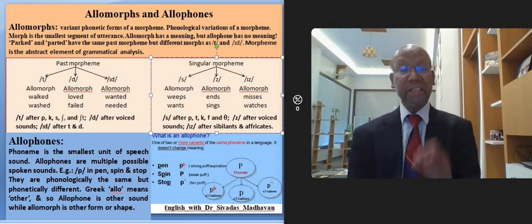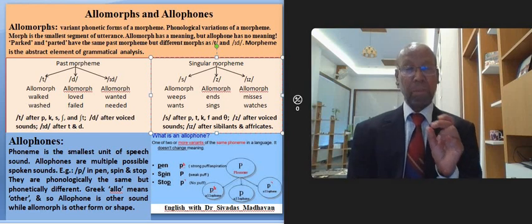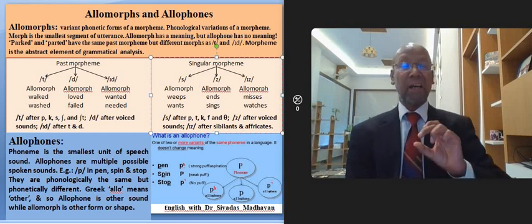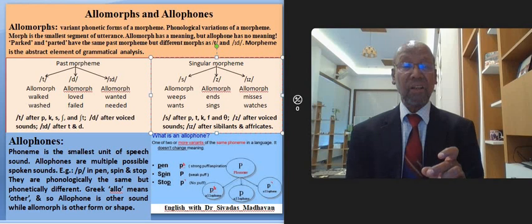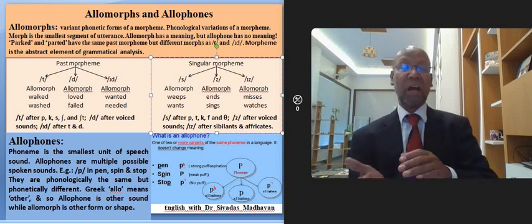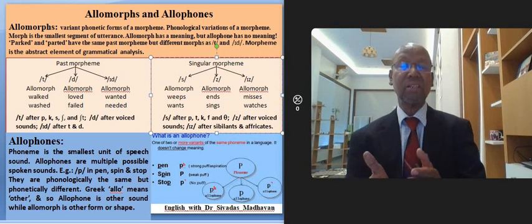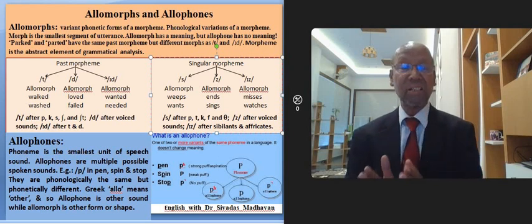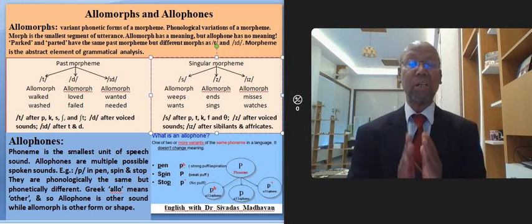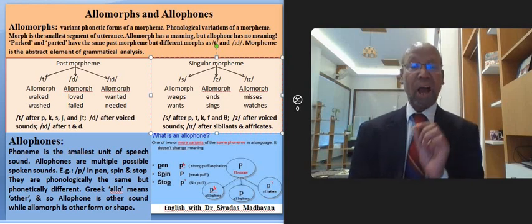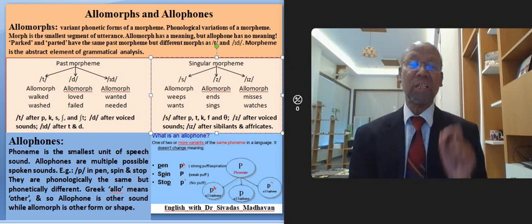And id will be used when the past tense morpheme comes after the sounds t and d. After t, it will be id. Want, wanted. Need, needed.